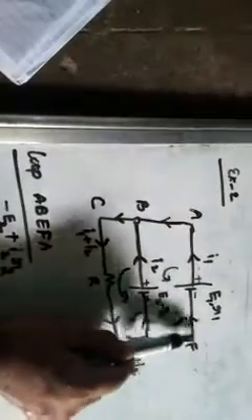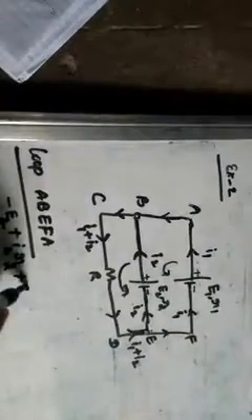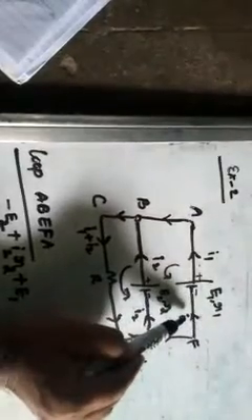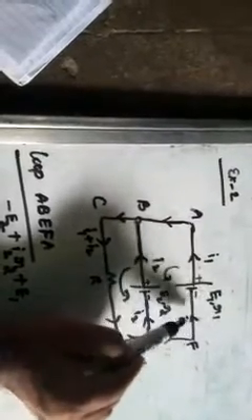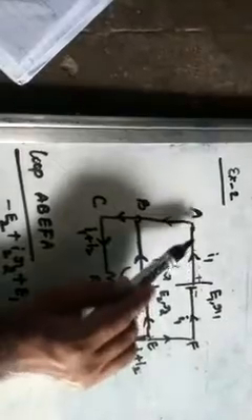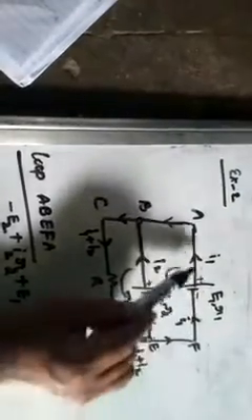F to A, I am applying. When we are moving from F to A, first you are touching the negative terminal of the cell, so EMF will be positive. Here the resistor is R1, current is I1. Loop direction is from F to A, and the current direction is also the same.